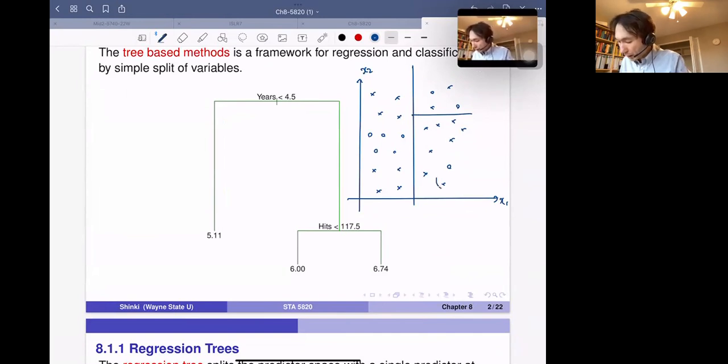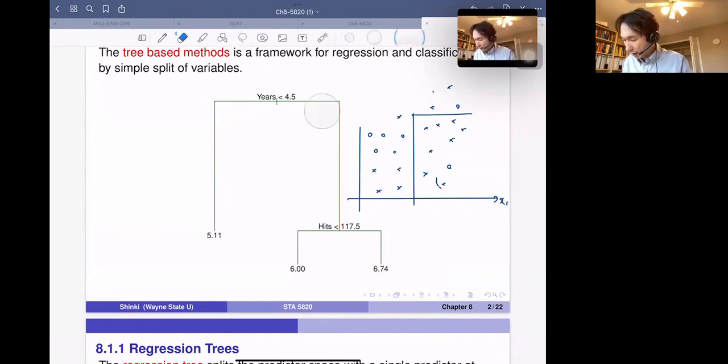Then after that, maybe we split the case. Sorry, I think this is too complicated a situation.